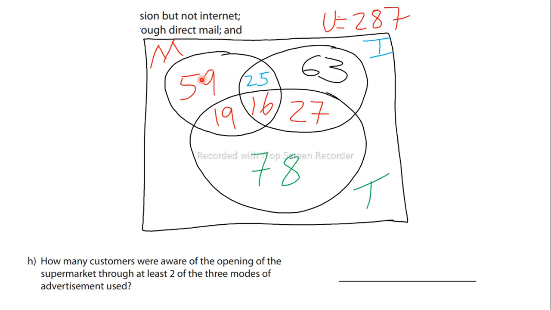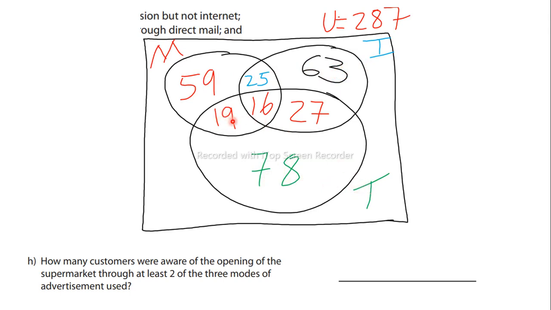If we look at 59, they only got it through one way. 63 for I means they only got it through the internet. 78 means they only got it through television.